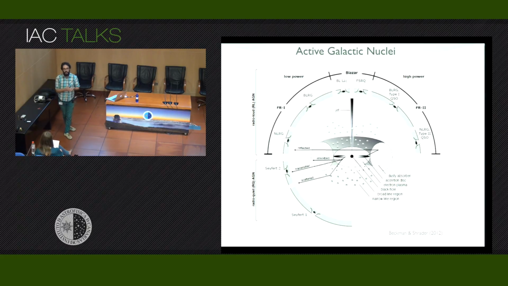Basically, there is a unified model of AGN that explains all these different types of AGN as an orientation-based model. If we have a direct view of the central engine, the black hole and accretion disk, we call it type 1 AGN.